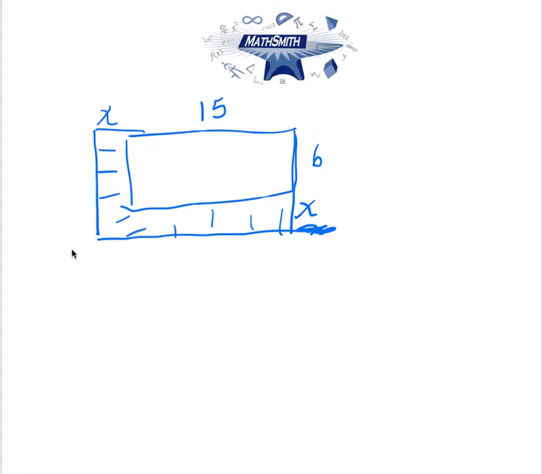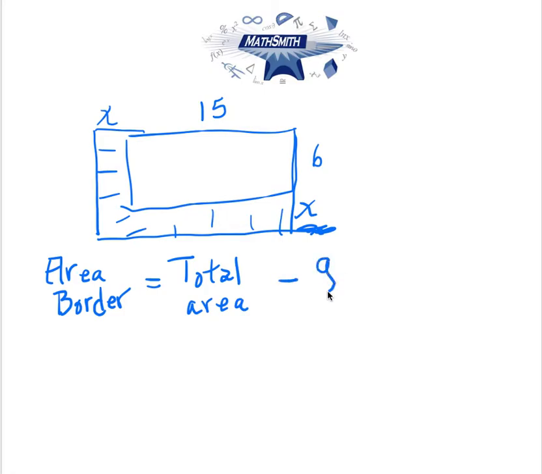So we take the total area of the whole garden with the border, and we subtract out the area of the garden. And we want the area of the border to equal 46 square yards.